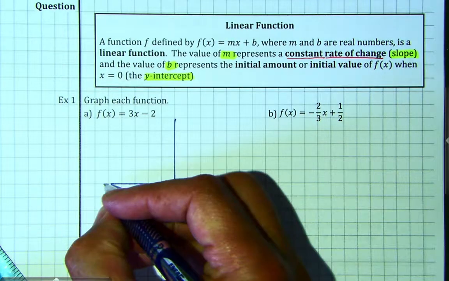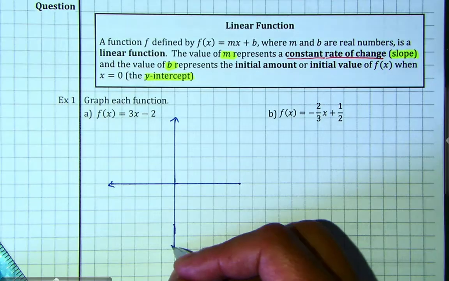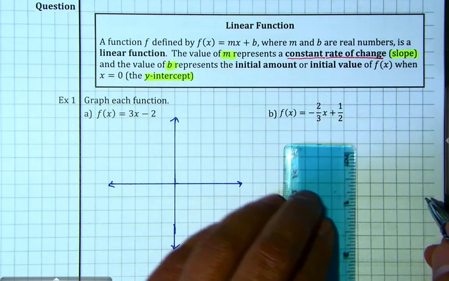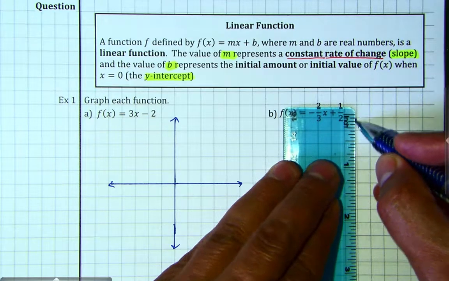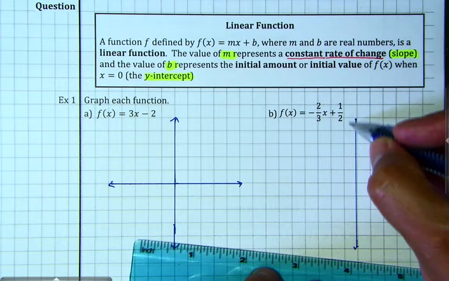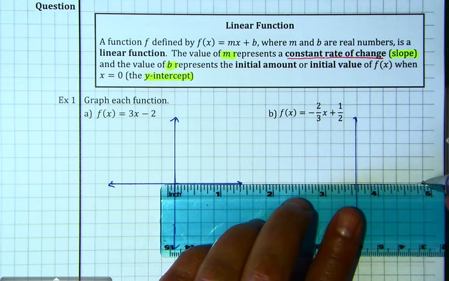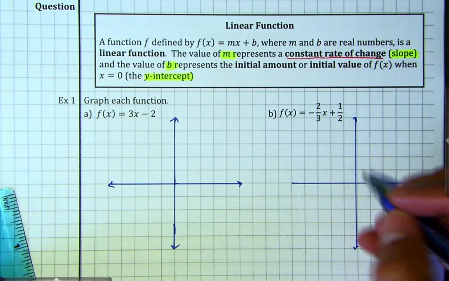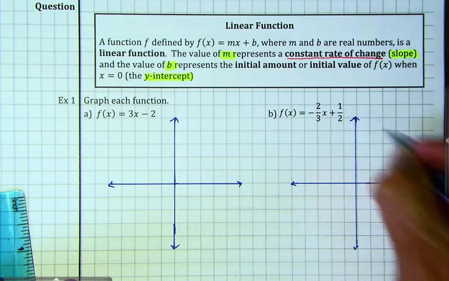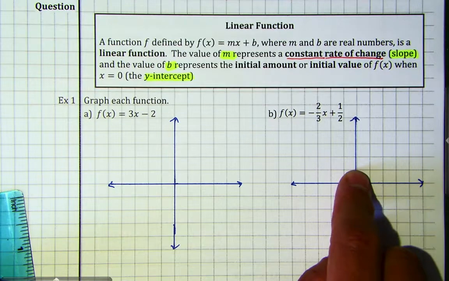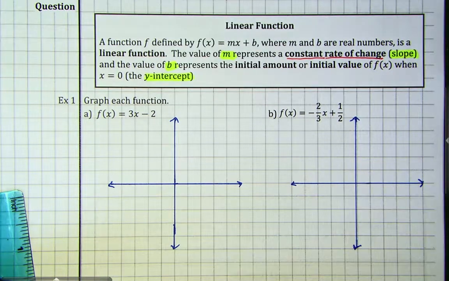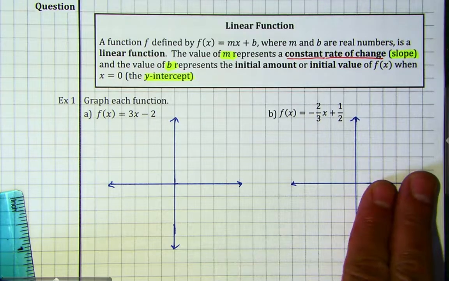That's when we first introduced graphing on an x and y plane. Make sure that you guys are using a ruler for your graphs. So take the time to graph each one. See what you get and we can compare our answers. Go ahead and pause it.